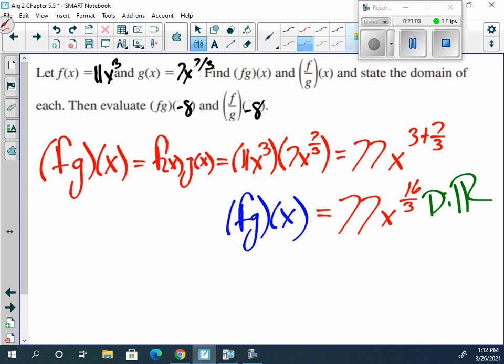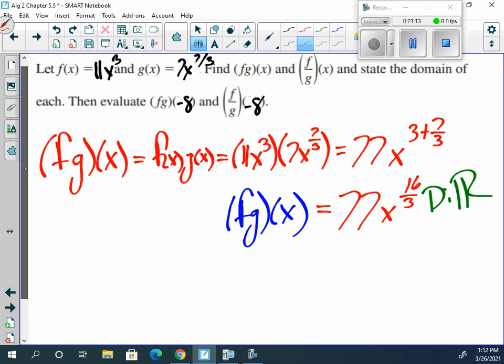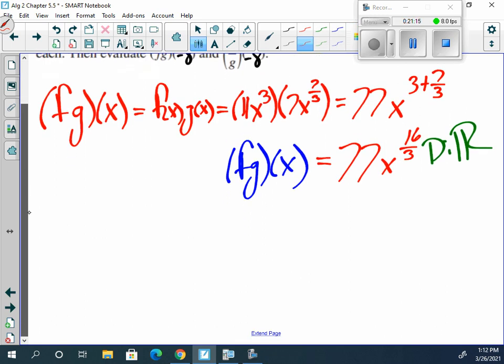So if we actually had a square root and a cubed root would be all real numbers. Square root has to be greater than or equal to 0. And plugging that in and considering that. So any questions on the multiplication before we move on to division?